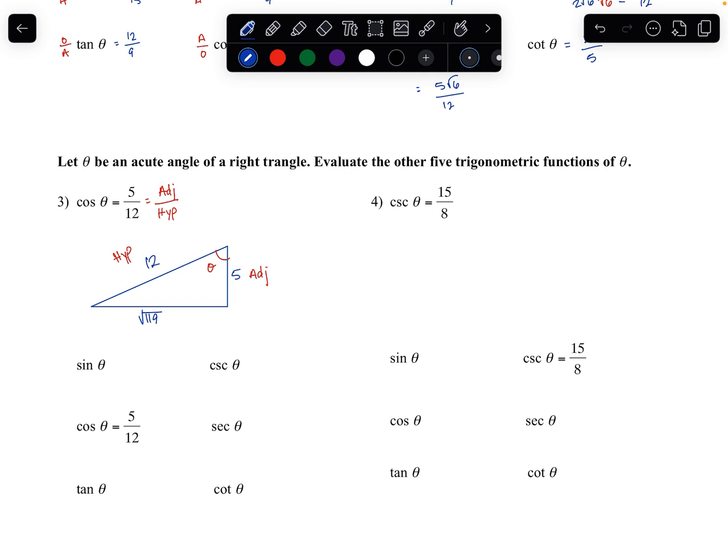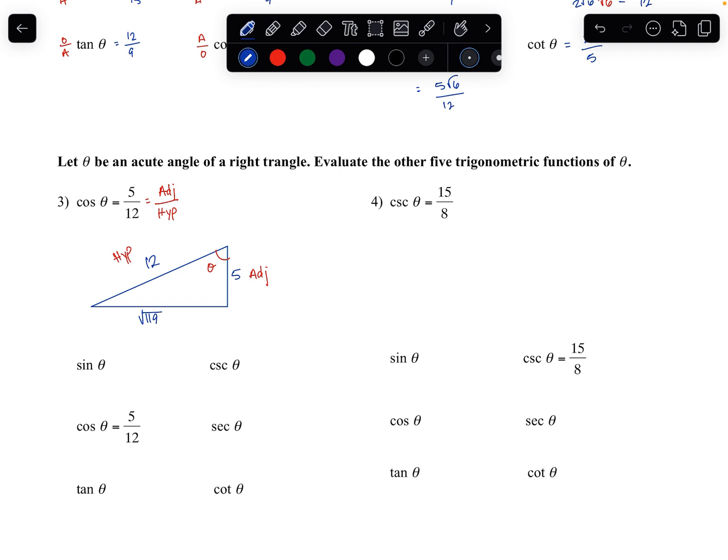Now, square root of 119. I don't know if 119 has any, let's see, let's divide 119 by... I don't think I can simplify that. I don't think 119 has any factors that are perfect squares, so you can't divide it by 4. 119 is not divisible by 16.